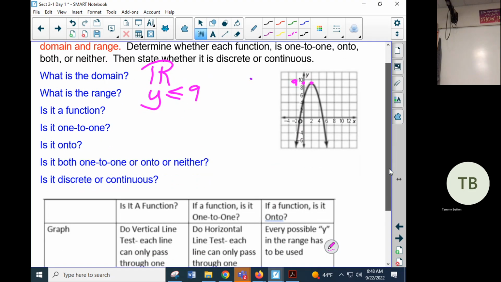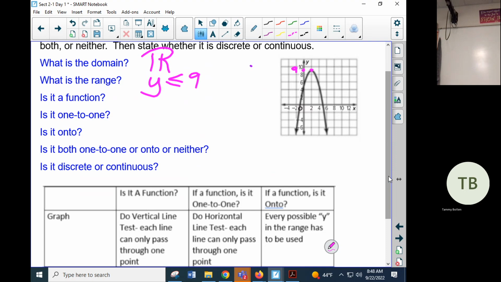For it to be a function, you would do the vertical line test and it would pass. So yes, it is a function. Is it 1-to-1? You would do the horizontal line test. And if you did a horizontal line right here, it would touch twice. So it would not pass a 1-to-1. Is it onto? So that's where every possible Y in your range for Y is less than or equal to 9.